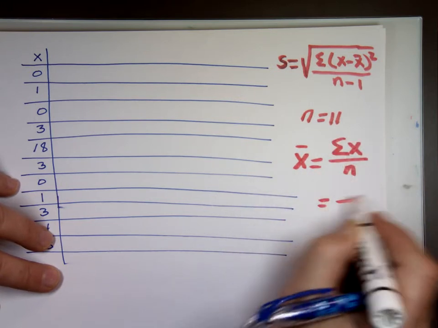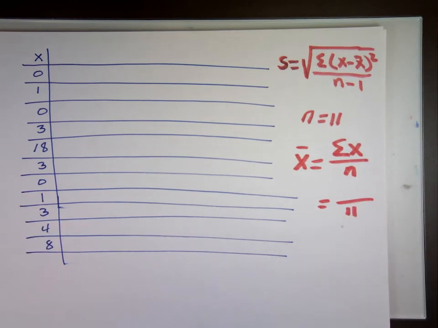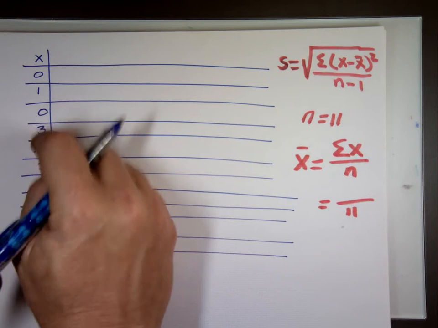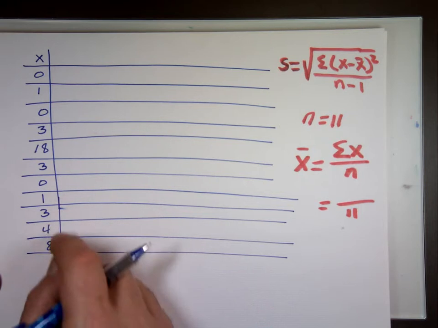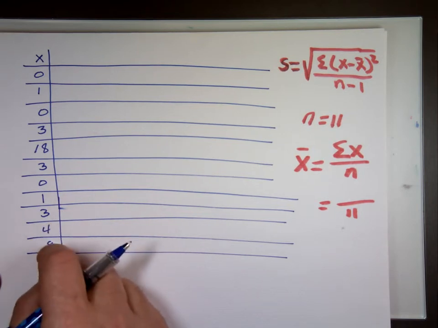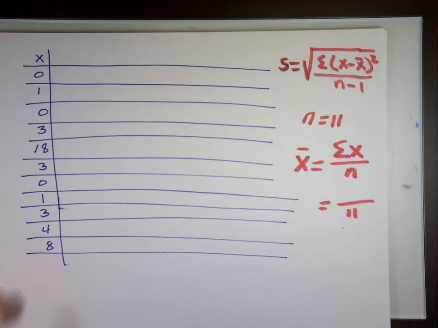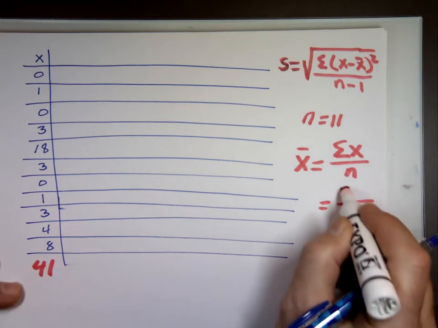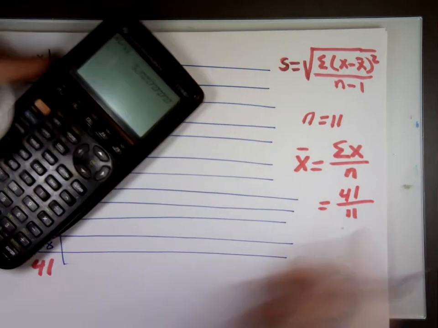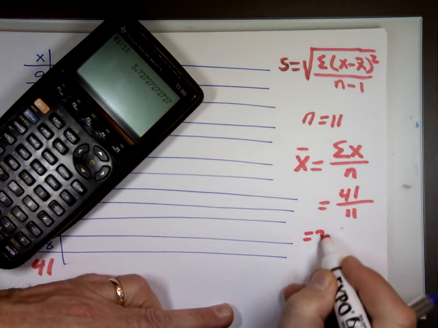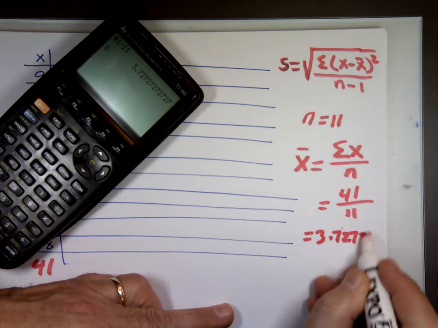My n is 11, so let me add them. 0, 1, plus 0, that's 1, that's 4, 22, 25, 26, 29, 33. 33 and 8 is what? 41? Forty-one divided by 11 is 3.72727. It repeats.